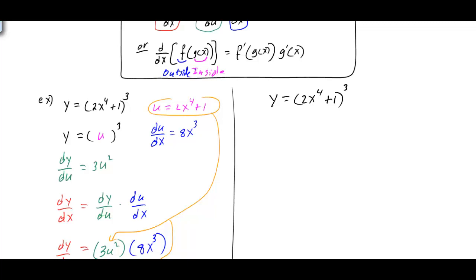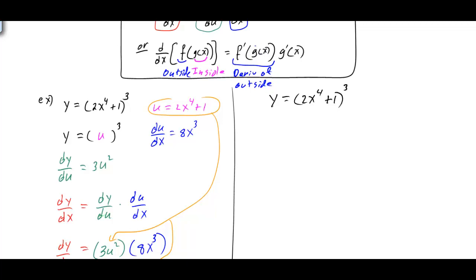Okay, so if we look at the formula, it says f prime of g of x. Basically what this is indicating is that we want to take the derivative of the outside function. And if you notice, we're going to leave the inside function alone.